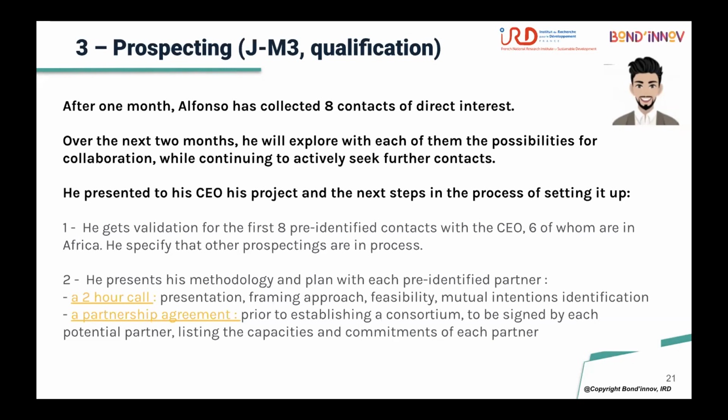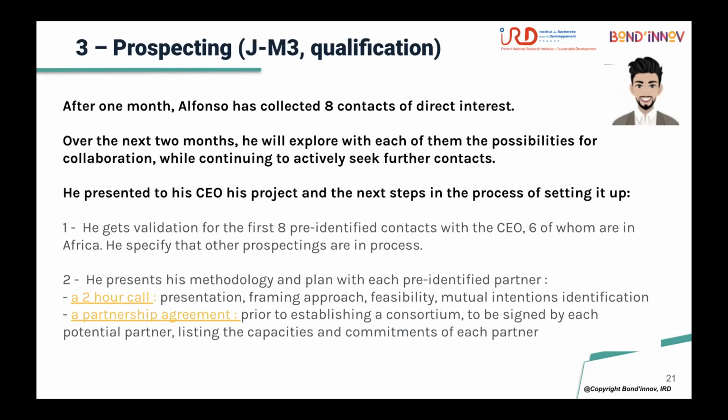So he got the validation, because even if Alfonso identified the contacts, Alfonso is part of a company, and maybe the lead of the company needs to see if they have interest in working with such partners and so on. So once Alfonso got the validation of his CEO, he presents his methodology and plan to each pre-identified partner in a call to go into details of the call for proposal.